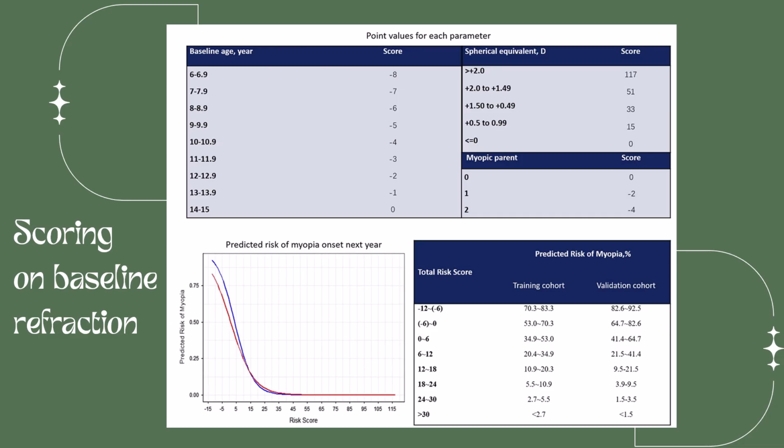The first and foremost thing is the baseline refractive error and their scoring system. At this age, if you have a spherical equivalent of 2 diopters, or 2 to 1.5 diopters, 1.5 to 0.5 diopters, and the parent is myopic, the scoring system is 2 or 4. They did the scoring in the validation cohort and then tried to validate how useful it would be.